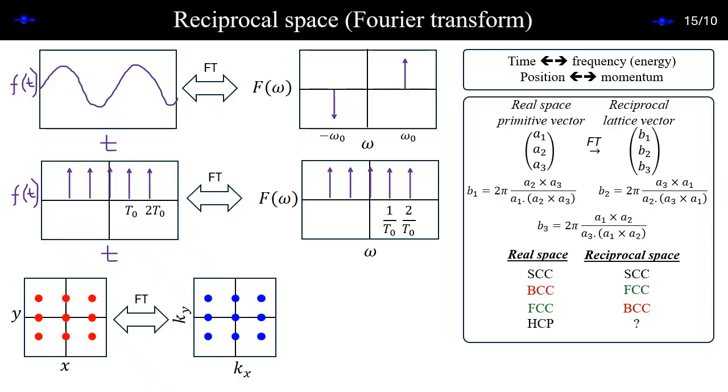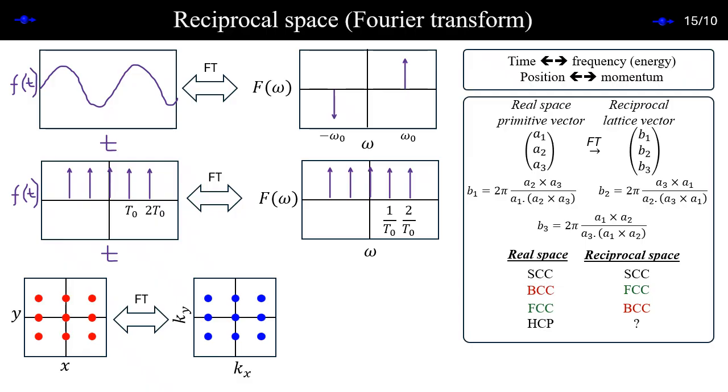And that is of our interest because silicon, germanium, gallium arsenide, the majority of these semiconductors, are diamond or zinc blende. So we are interested in FCC here for this course, FCC in real space. FCC in real space becomes BCC in momentum space. And remember, we already discussed what the primitive cell looks like for BCC.